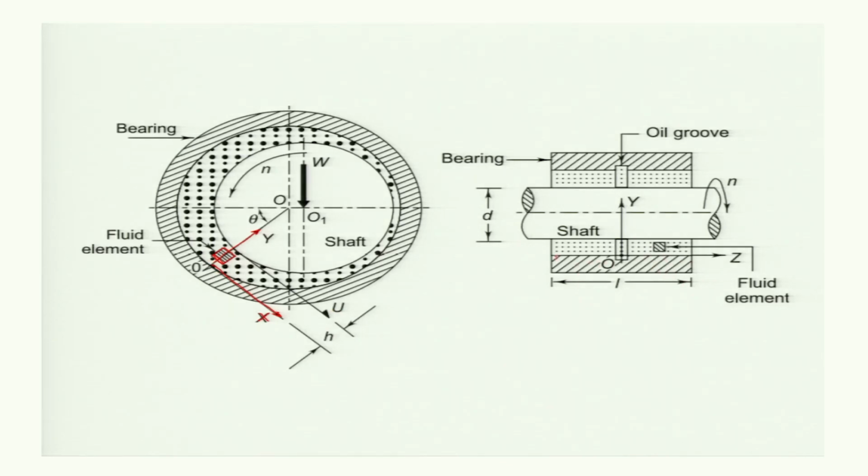So, in this view the length of the bearing is visible. This is the length of the bearing given by L, and the fluid element is somewhere here. So, the radial direction is y and the axial direction is z.